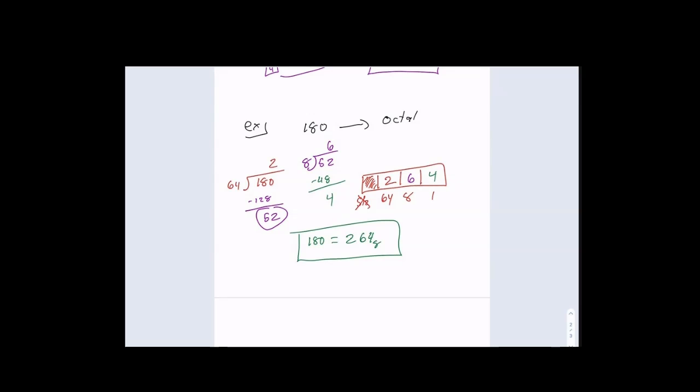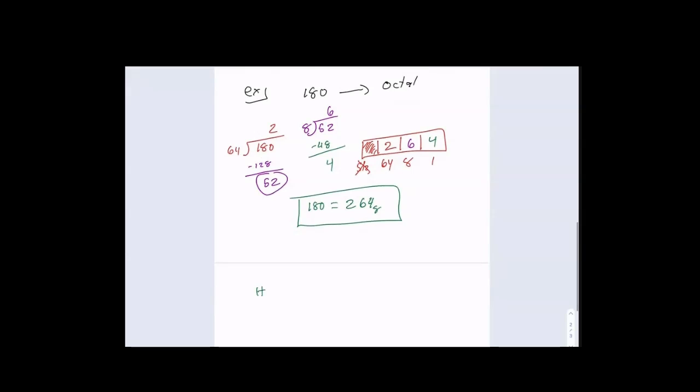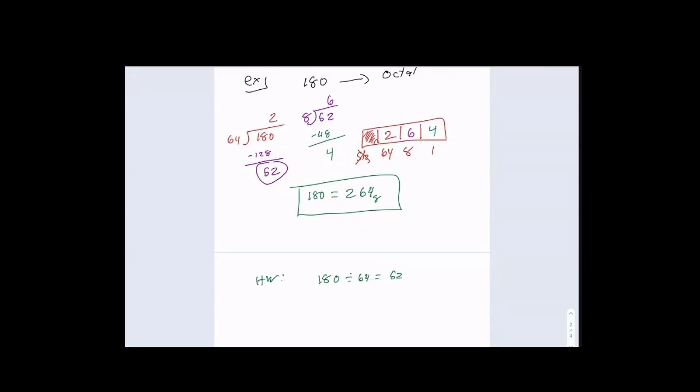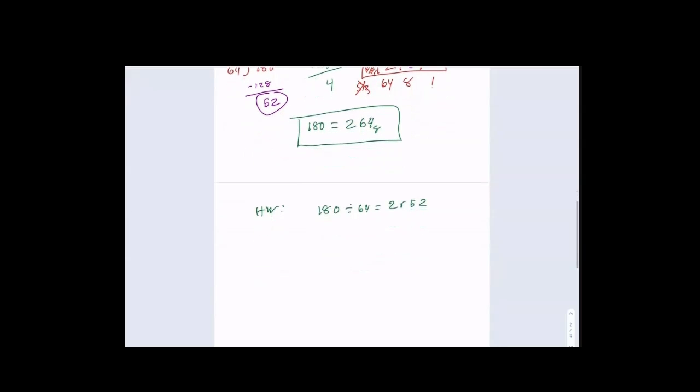The Google Doc is really there available for you to show. Now, if you were going to be showing your work in your homework, basically I want to see that 180 divided by 64 gives you 2 with remainder 52.